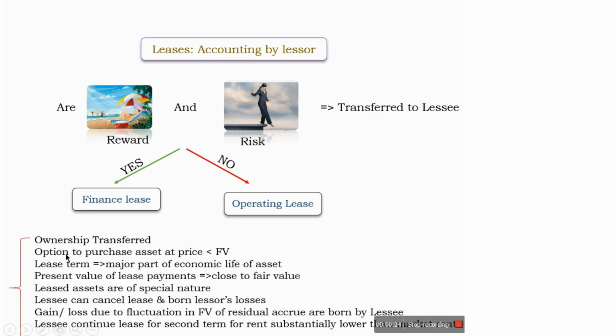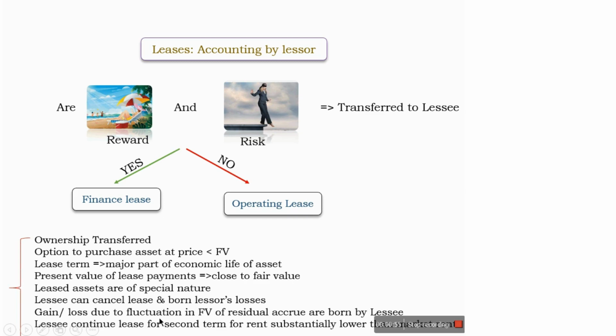Those are that ownership is being transferred. There is an option to purchase the asset at a price that is lesser than the fair value of the asset. The lease term is for a major part of the economic life of the asset. The present value of lease payments is close to fair value. Lease assets are of a special nature, customized as per the demand of the customer. The lessee can cancel the lease and bear the lessor's losses.